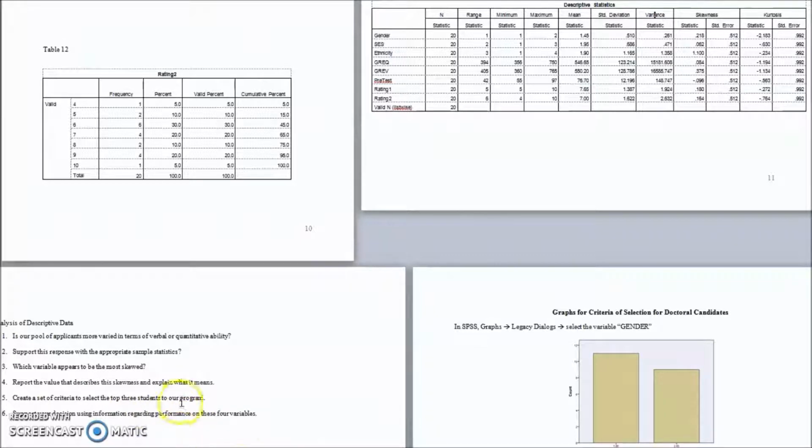Okay, I kind of give you a hint when I say 4 variables, so that you can think about which variable I'm talking about. So think about the criteria that you are going to set up to select the top 3 students in the program. And obviously, bonus question, right?